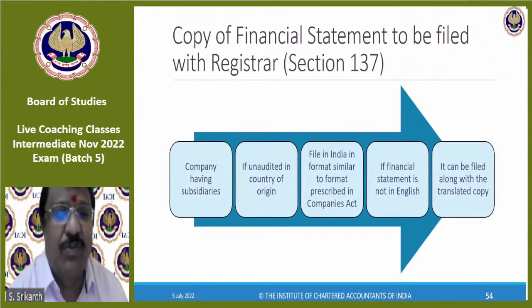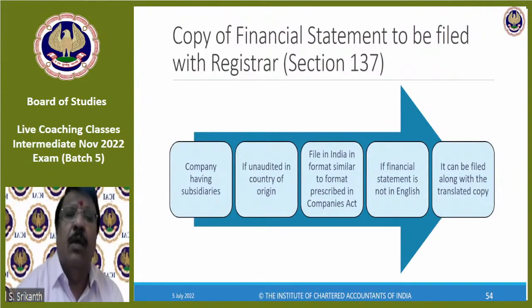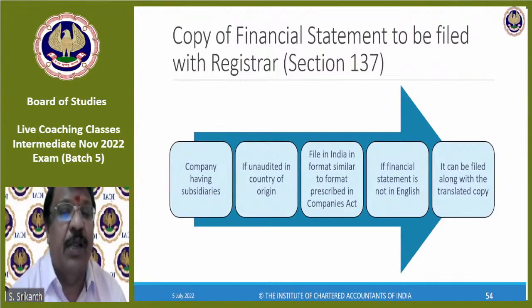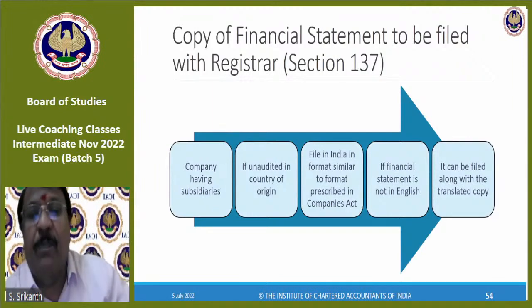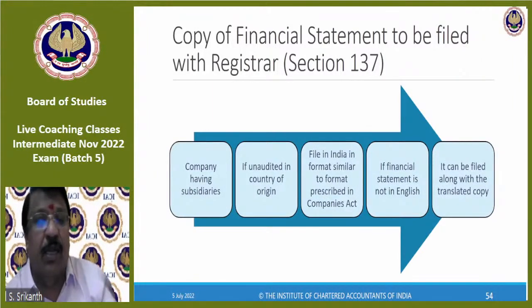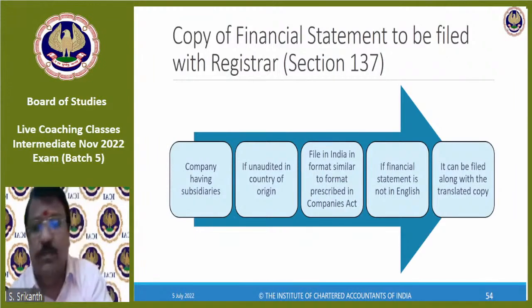There is no Institute of Chartered Accountants also in Moldavia. I don't think they come under the EEC also, the European Community. So in those cases, they may not have any audit. You may have a subsidiary in Moldavia, then you will have to file the accounts of that subsidiary in the format prescribed under the Companies Act. And in case it is not in English and it is in some other language, then it has to be filed along with the translated copy, right?